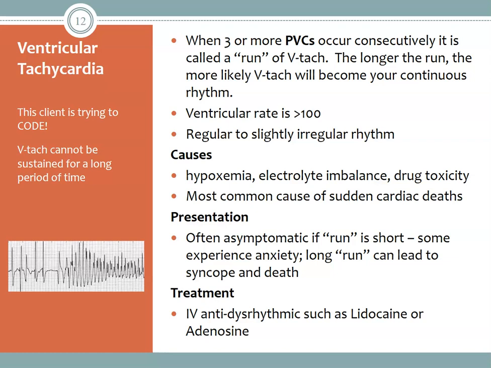So we're going to be watching patients who are throwing PVCs so that they don't go into what we call a run of VTach. The longer the run, the more likely that VTach will become the patient's continuous rhythm. So again, we're going to be watching them very closely.